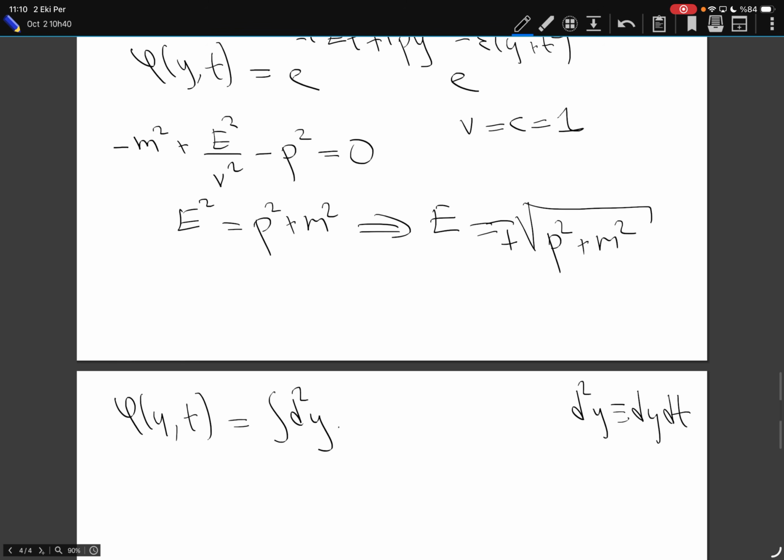Then I have e to the power minus i E t, plus or minus omega p. I will define omega p to be the positive number, the square root of p squared plus m squared. Remember, I'm setting h bar to 1. If h bar was not 1, this would have been h bar omega p.